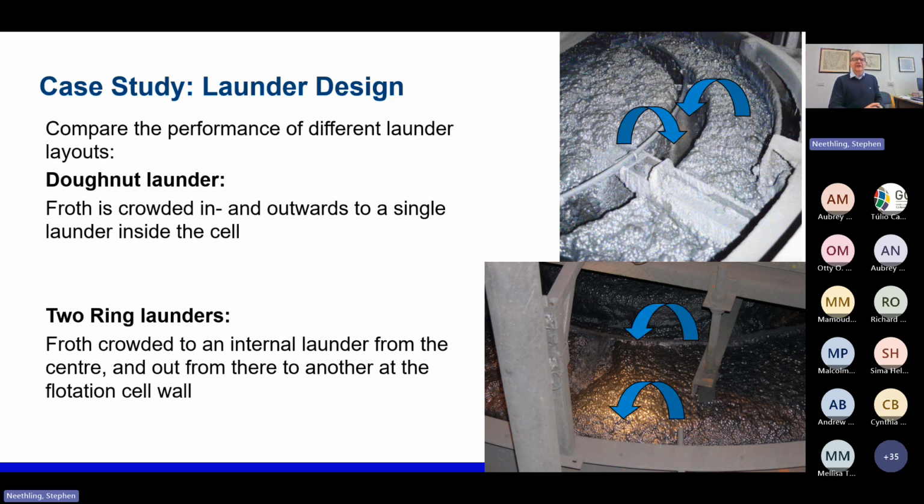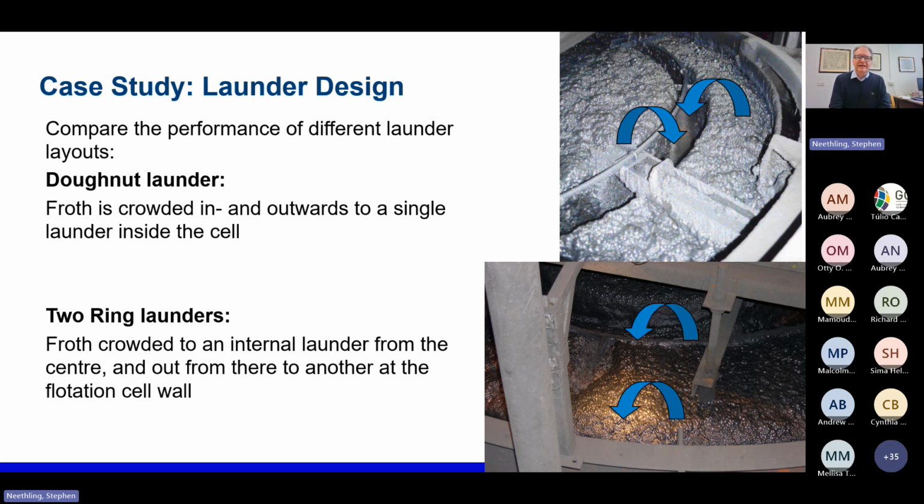And we've used them for a number of different purposes. One of the early ones we looked at was the effect of different types of launder design layouts. It's quite often for very large cells to have internal launders to try and reduce the distance that the froth has to actually flow to get into the launders.